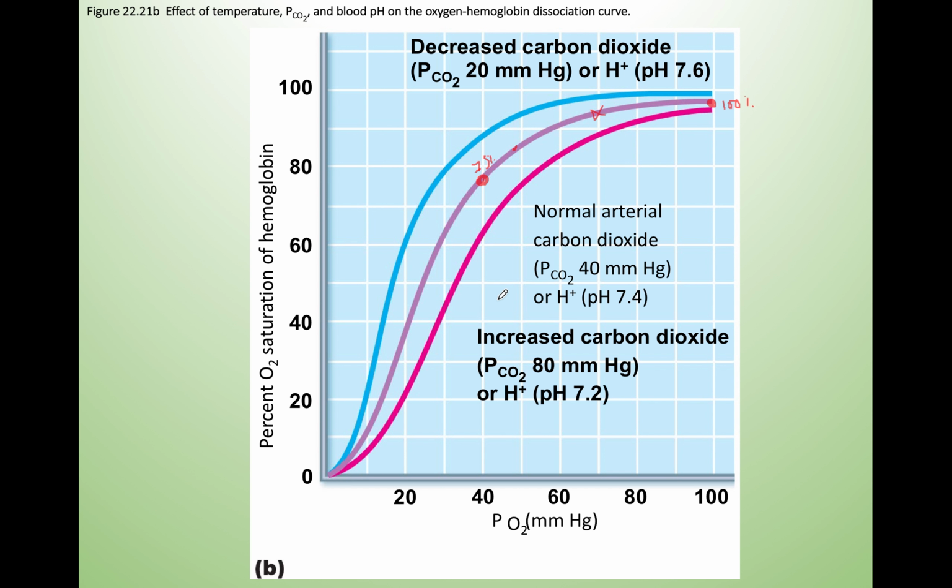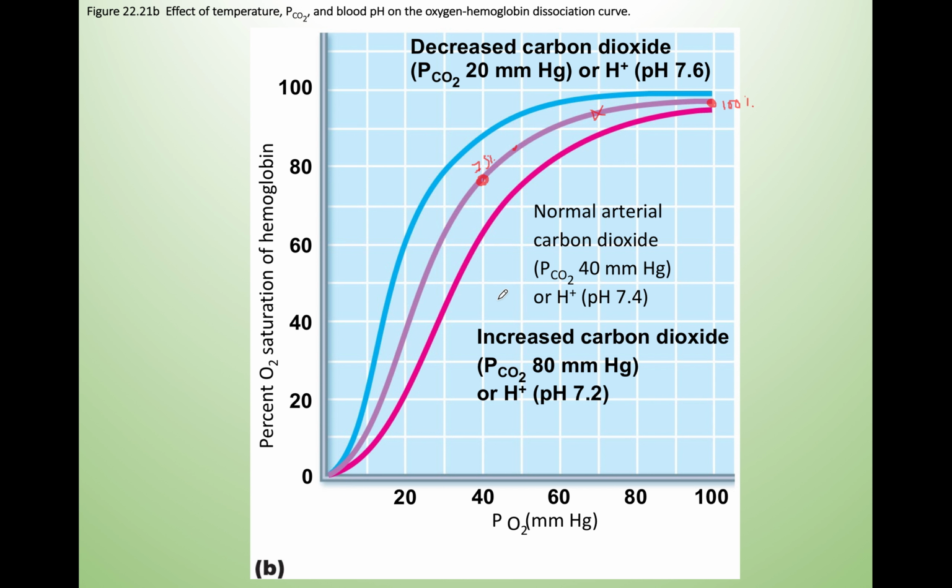Now, when your blood is acidic, it also implies that your CO2 level is high, right? If your pressure of CO2 is high, that means your body is burning up oxygen and as a result producing high levels of CO2, and therefore it requires more oxygen to carry out the metabolism.